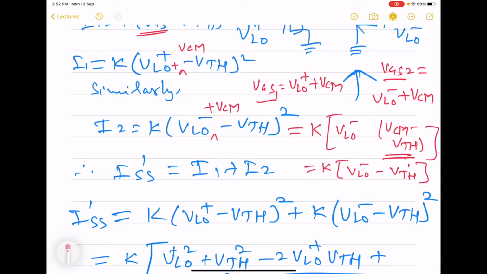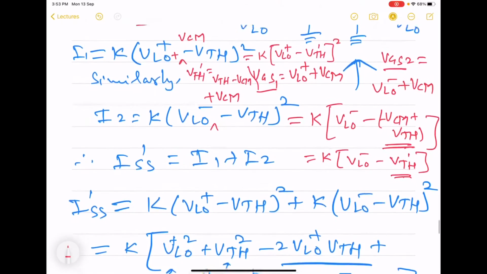So we can write this in form of minus if you want, like this. So we have now a different VTH because VCM is voltage that we decide. Similarly, here also we will have K into VLO plus minus VTH dash whole square, where VTH dash is VTH minus VCM, like this.